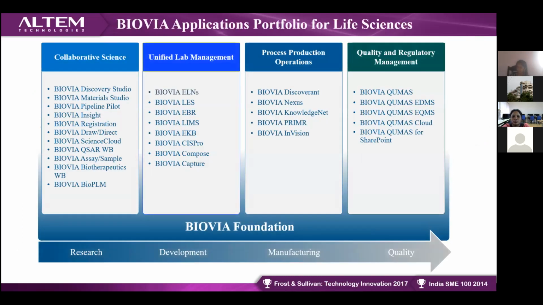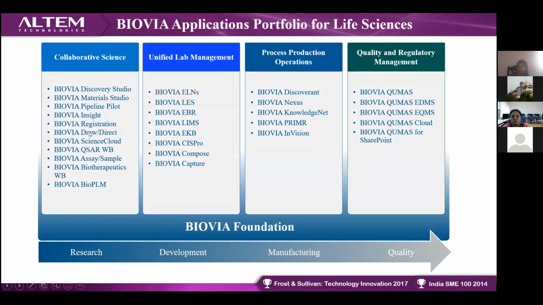Apart from BioVia Discovery Studio, there is something called Pipeline Pilot. I mentioned in the first slide the genomics approach. In genomics there is genetics, mutation analysis, and personalized medicine, which is completely based on NGS sequencing. NGS can be studied through Pipeline Pilot.